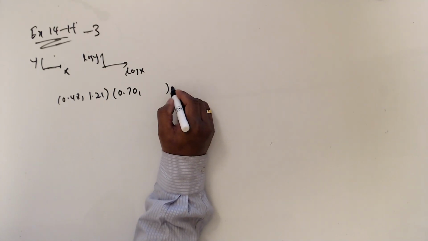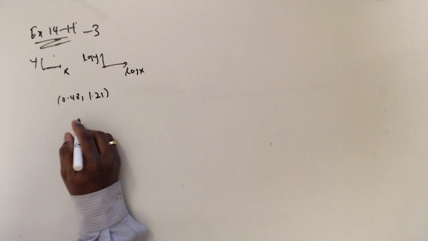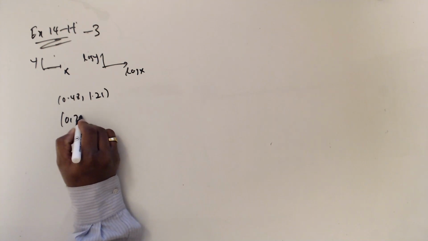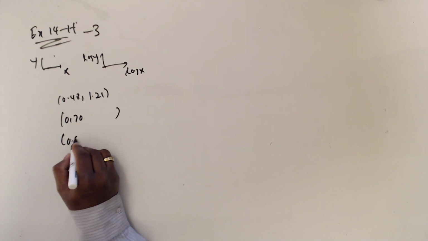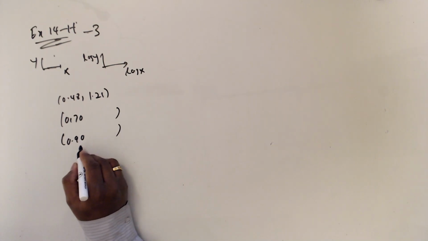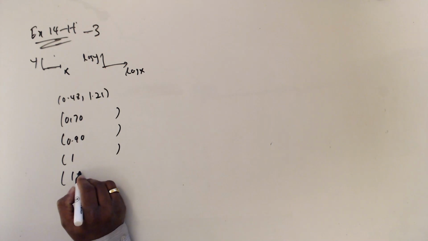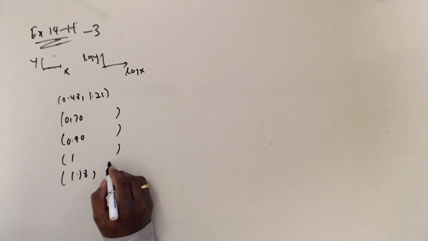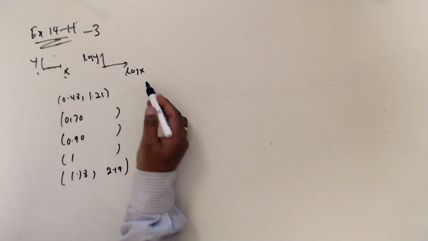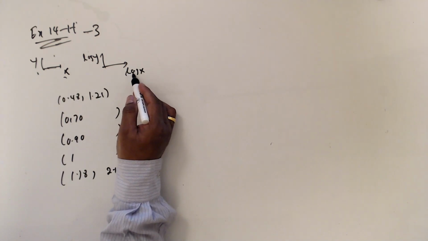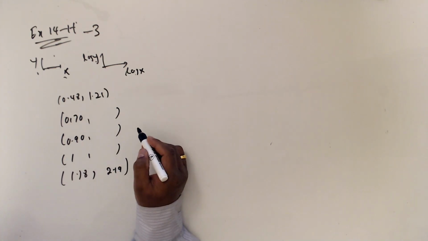I will write down 0.70, 0.90, 1, and 1.18 is given, 2.19. Now x and y we are going to turn into logs, so we need these values.